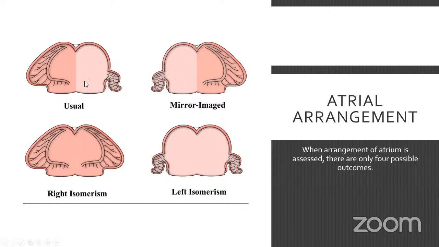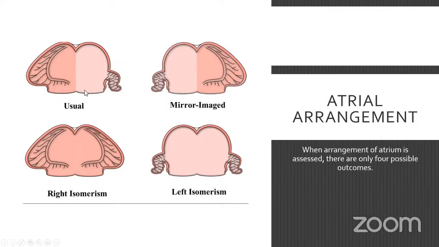The first outcome, which is the usual one, is termed situs solitus, the usual arrangement of the atria, where the morphological right atrium is found on the right side, and the morphological left atrium is found on the left side.